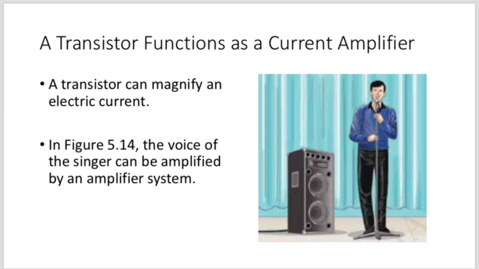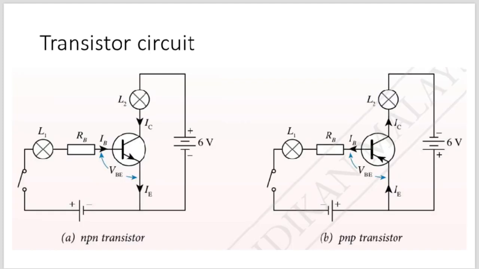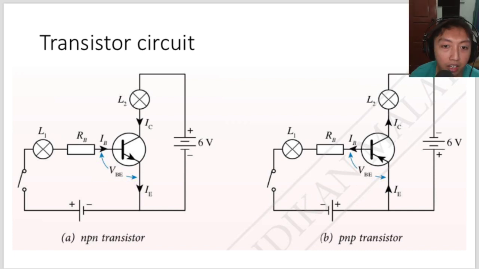The transistor works as a switch, basically. It works as a complicated switch, in which instead of using a button as a switch, we use electricity to control. We're using electricity to control electricity.